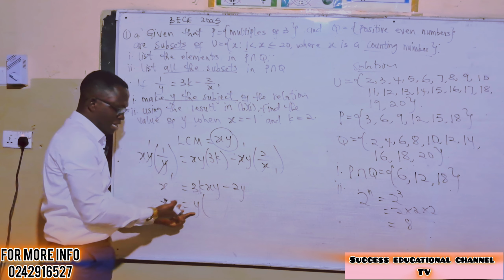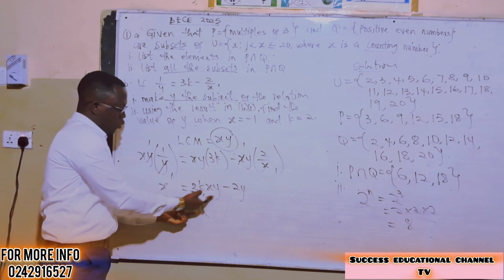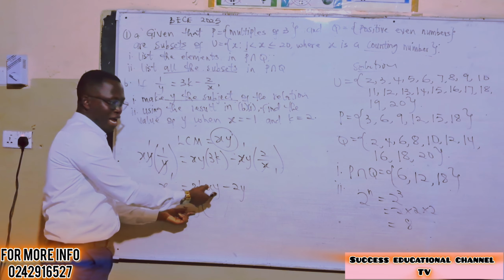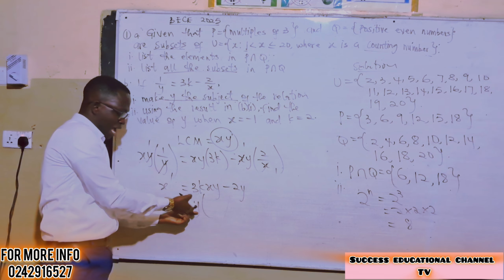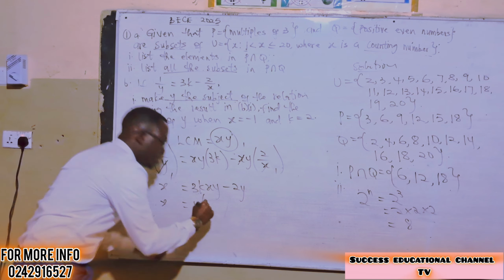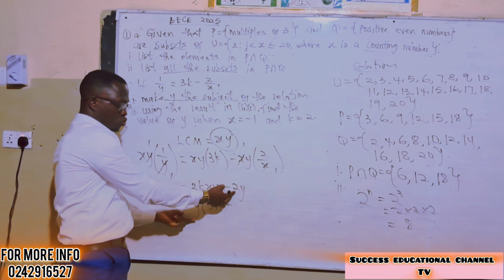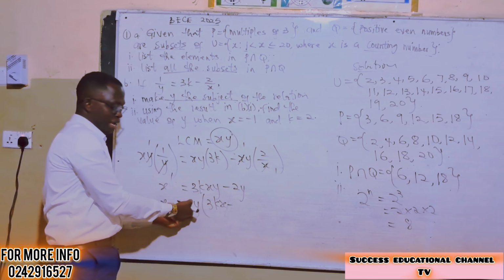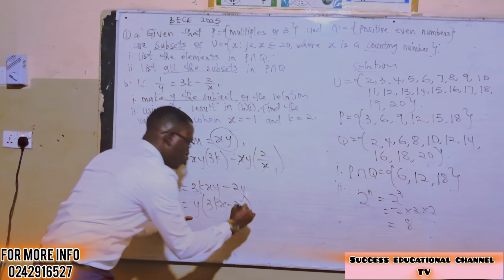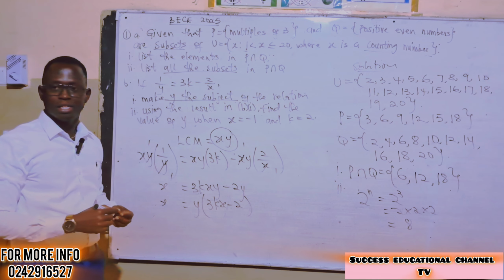When y is factored, it simply means that we are dividing the whole of this term 3kxy by y. Y will divide the y here, leaving 3kx minus 2y divided by y. We'll be left with what? 2. So this is what you're having.